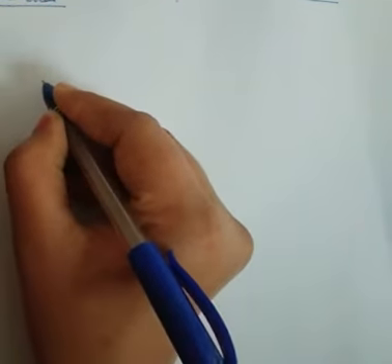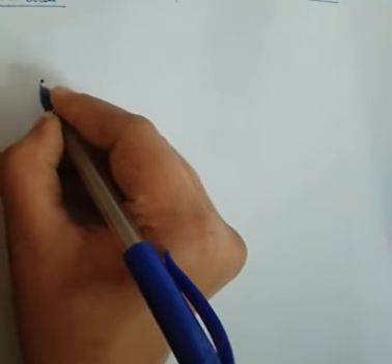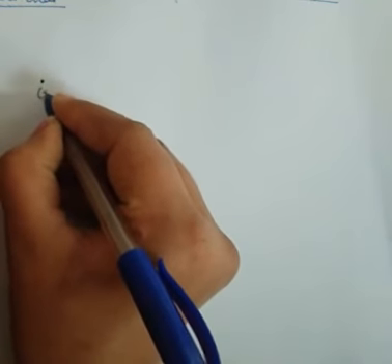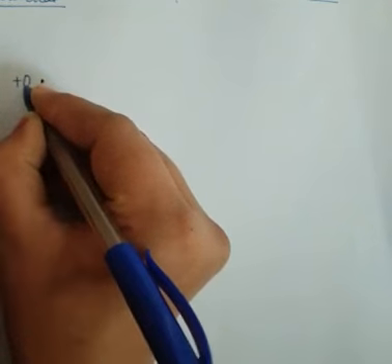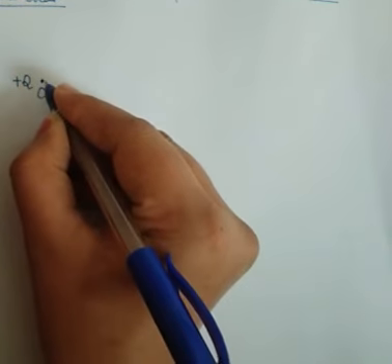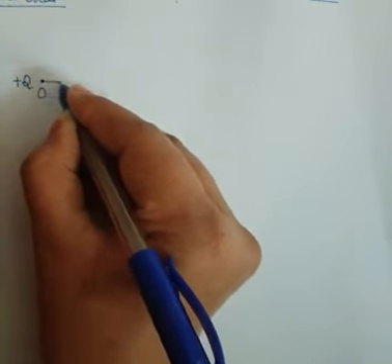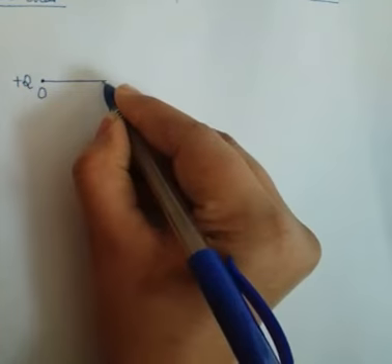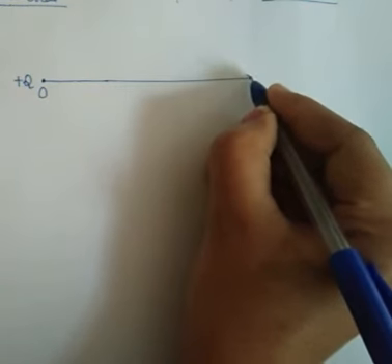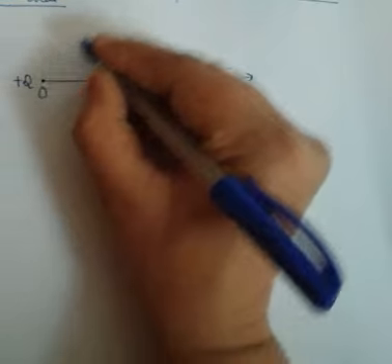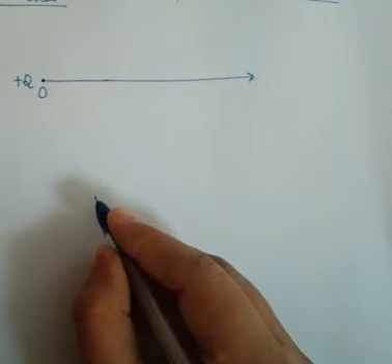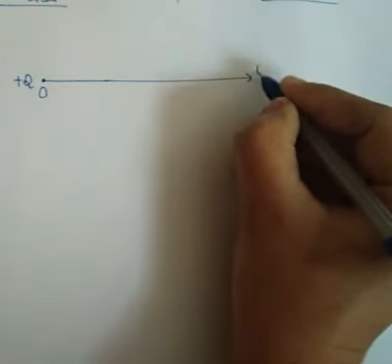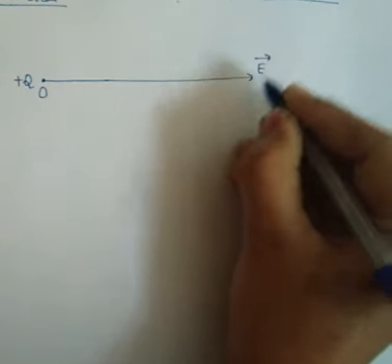Let us suppose there is a source charge, that is plus q, located at point O. Now, as we know the charge is positive, its electric field lines will be outward. In any direction we can say radially outward, so that is the direction of the electric field.